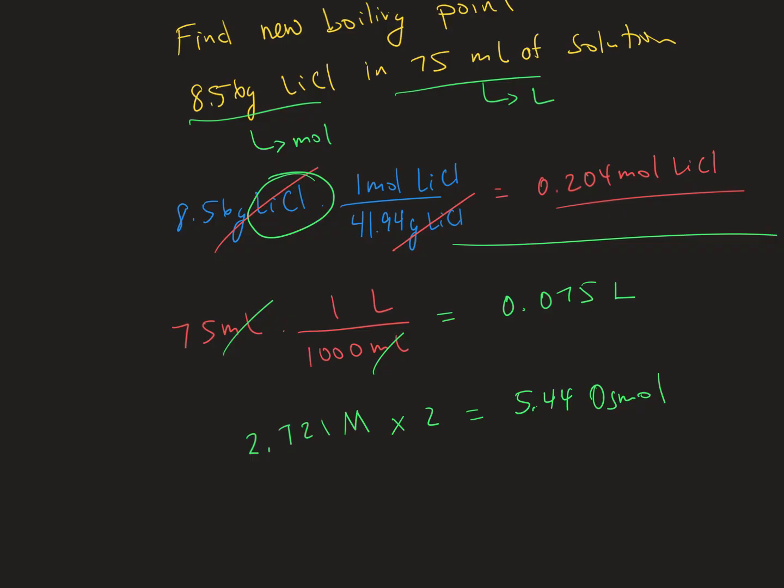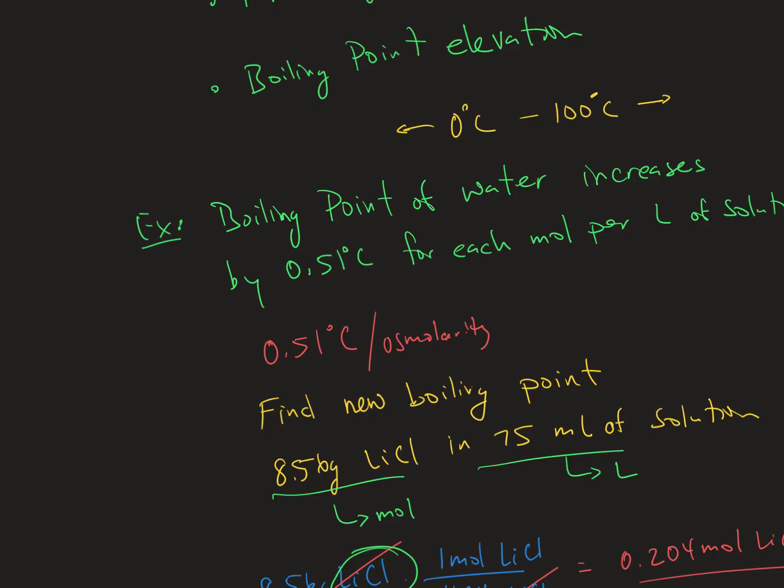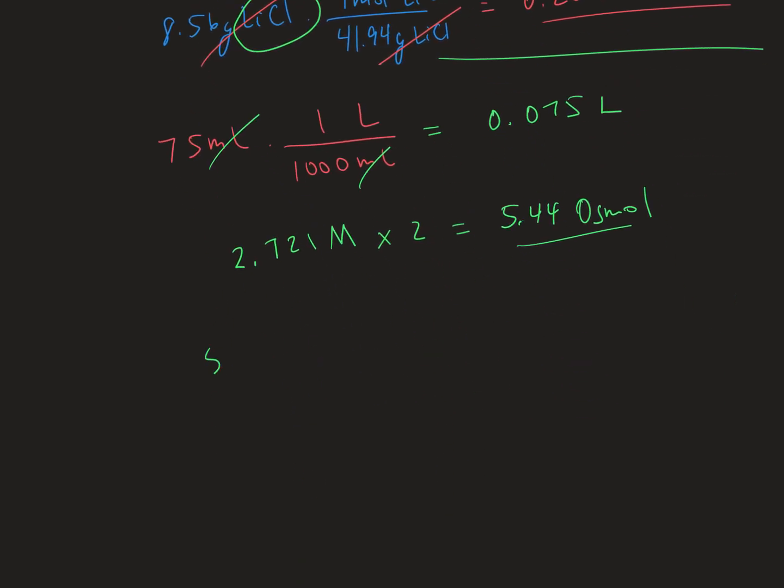Is that my answer? Oh, we have to go back to the question. What are we looking for? Find the new boiling point. And I increase my boiling point by 0.51 degrees Celsius per osmolarity. So I have 5.44 osmol.